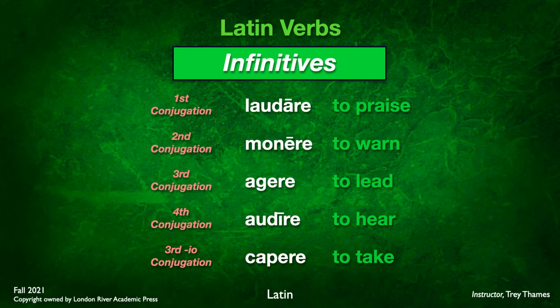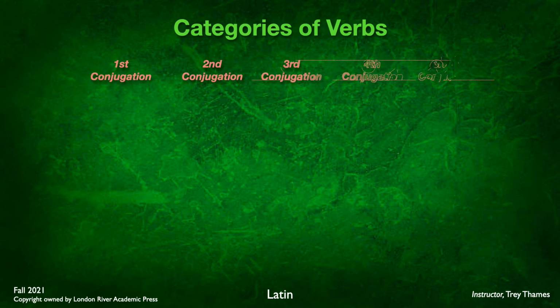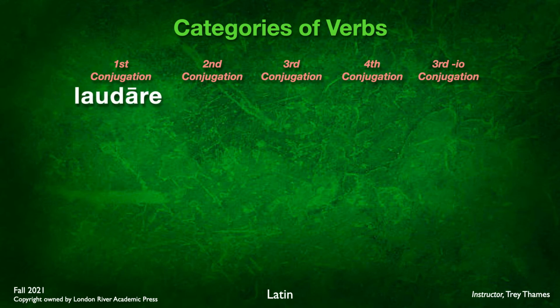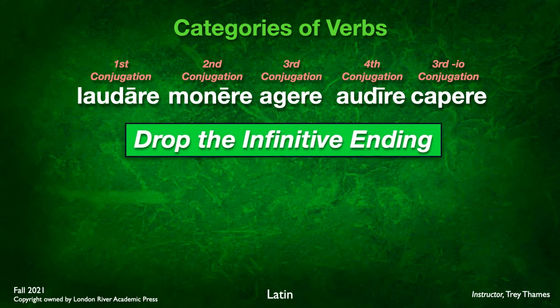Now, let's look at these categories of verbs. First conjugation, second, third, fourth, and third IO. Here are the infinitives for each of these categories: laudari, monere, agere, audire, capere. Now, to find out the stem or base of any verb, you take the infinitive, which is what we have an example of each of these words here, and you drop the infinitive ending, which is the RE.